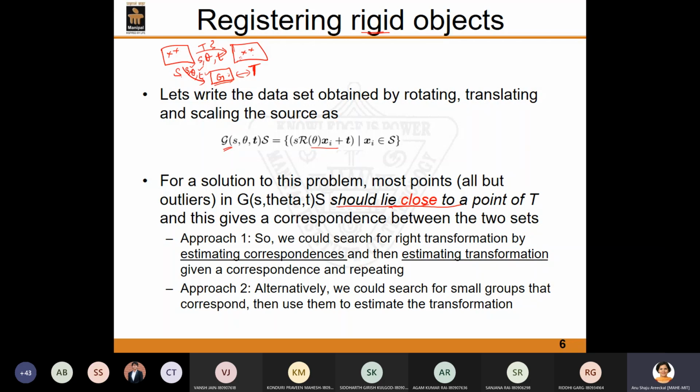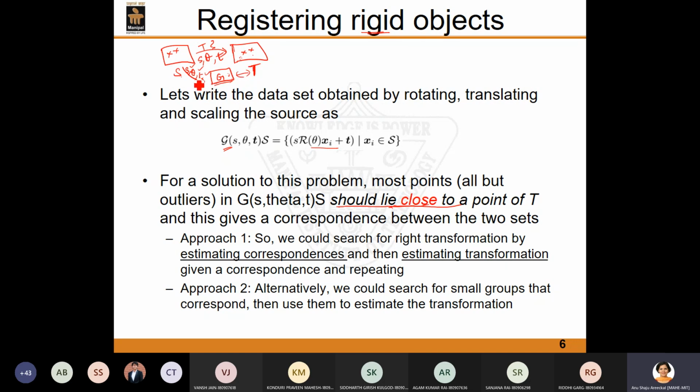So you can go with two approaches to find the transformation values, that is s, theta, and t, using G and T. One approach is where you find points in G which are very close to T, and then you use a least square minimization, or a least square sum, to minimize this error.